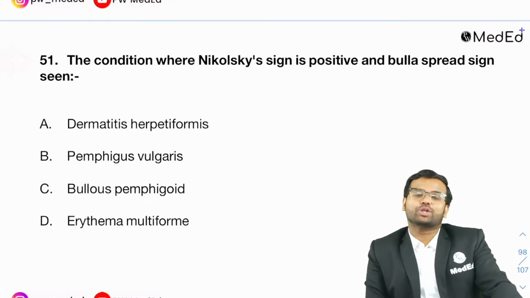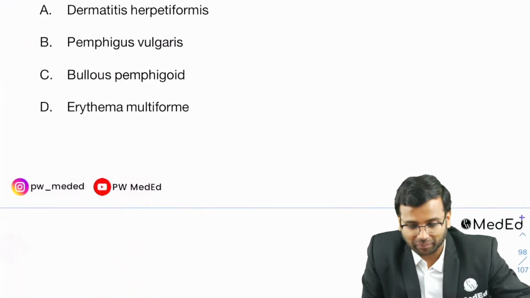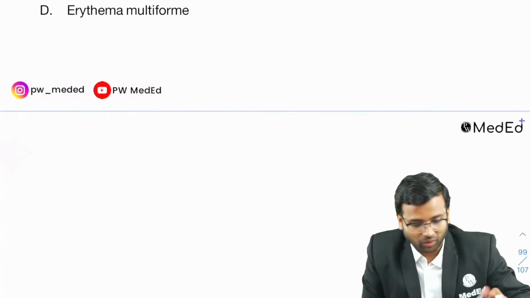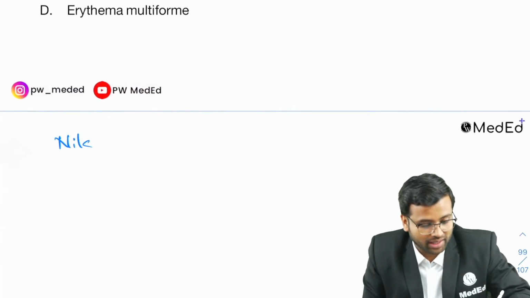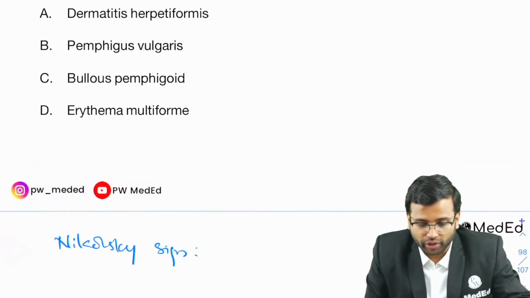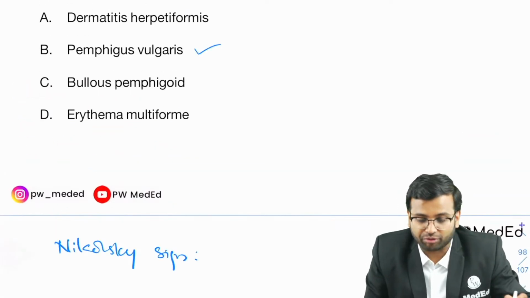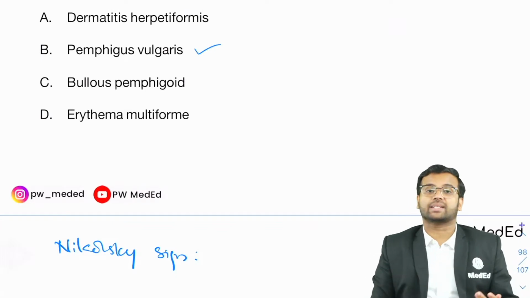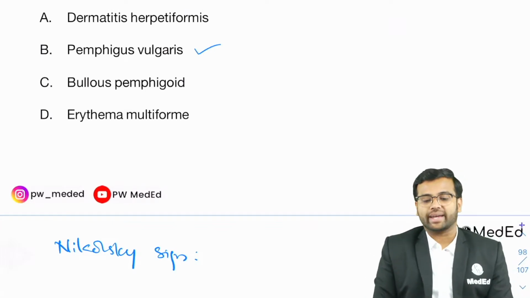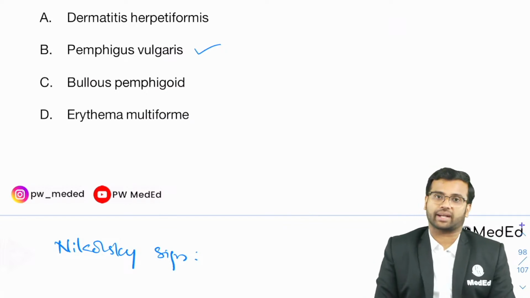For that, first we should know what is Nikolsky sign, correct? So many of you are answering B, that is pemphigus vulgaris, and that is the right answer. I'll let you know why it is pemphigus vulgaris. All of you are answering it right.